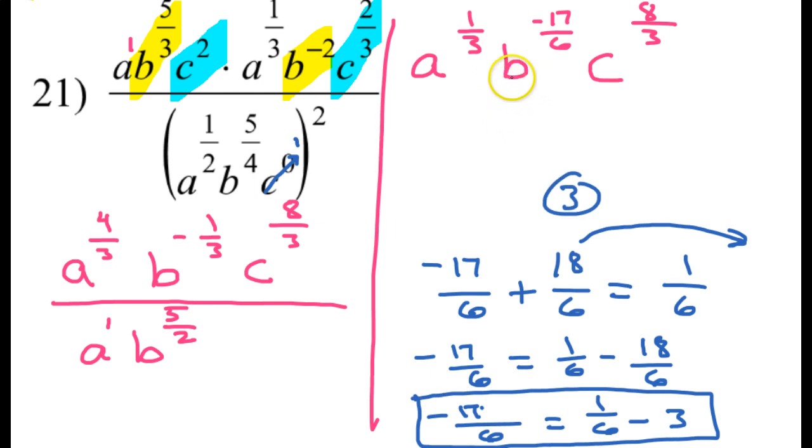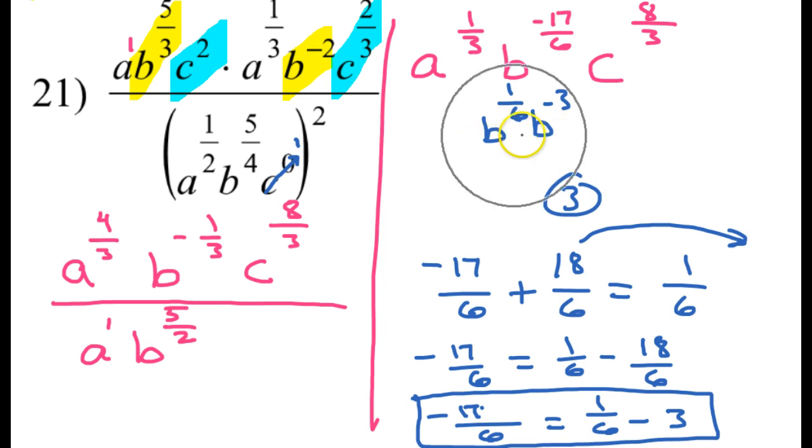Okay, so I'm going to split this b factor up into 2 factors using these 2 exponents. So this would be the same thing as having b to the 1/6 power times b to the negative 3 power.